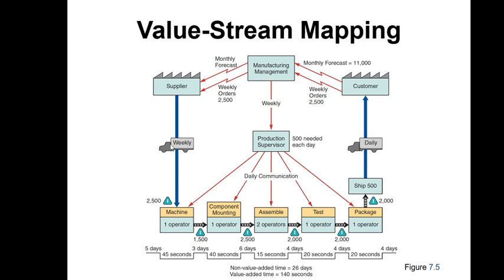Then we have the supply here weekly by trucks. Then these are the operation steps with, of course, inventories. Then we go back. The finished products will be delivered to the customers through the company's distribution channels.